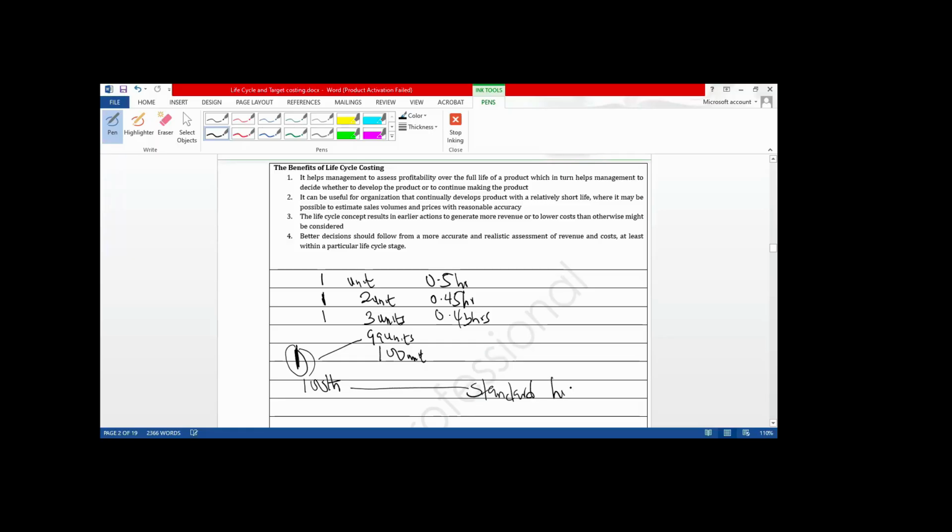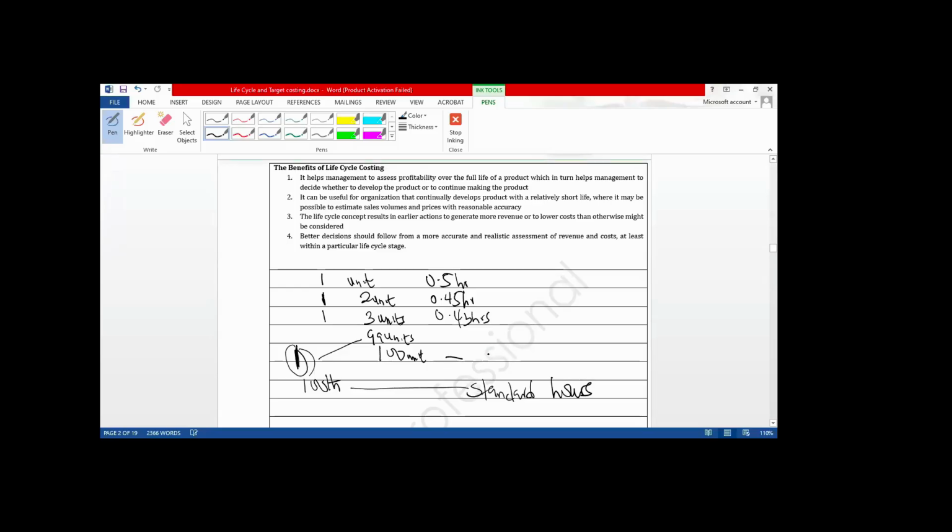That standard hour will be for subsequent production. To get that hour for 100 units, you are going to look for the hour for the first 100 minus the hour for the first 99.